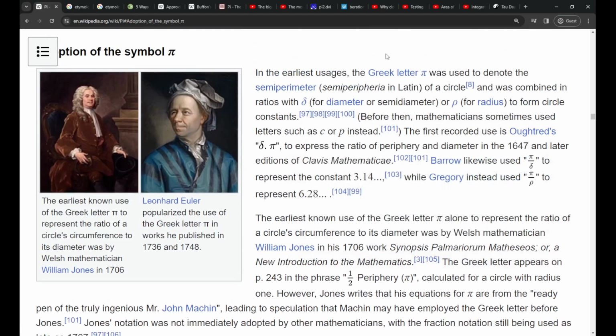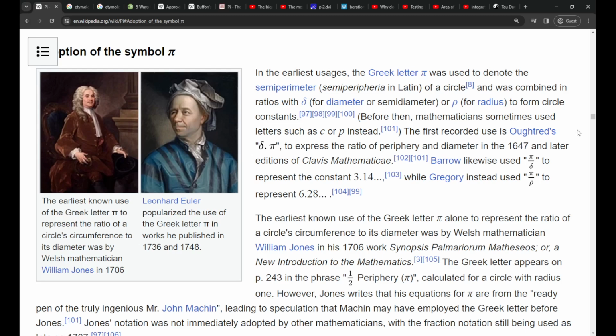In the earliest usages, the Greek letter pi was used to denote the semiperimeter, or semiperiferia in Latin, of a circle, and was combined in ratios with delta for diameter or semi-diameter, or rho for radius, to form circle constants. Before then, mathematicians sometimes used letters such as C or P instead.